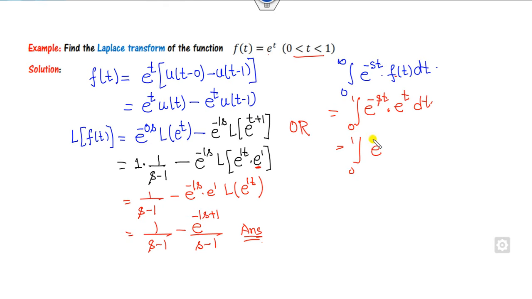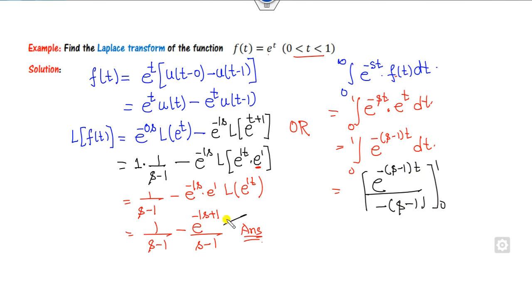Now you can see I can write this as e raised to power minus s minus 1 into t. Now you can integrate them. What is the integration of this? E raised to power minus s minus 1 into t over minus s minus 1. If you substitute the limits, you will get again the same answer as here.